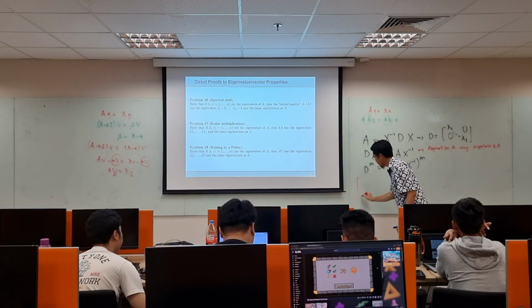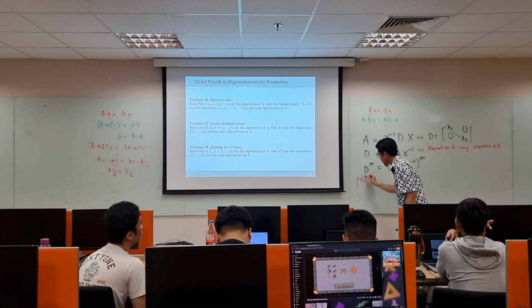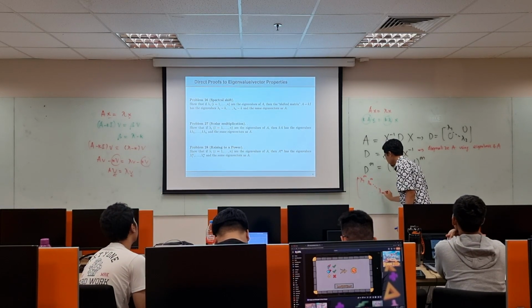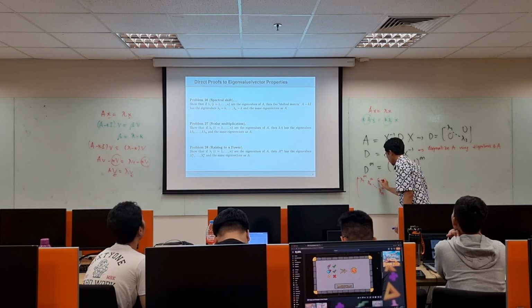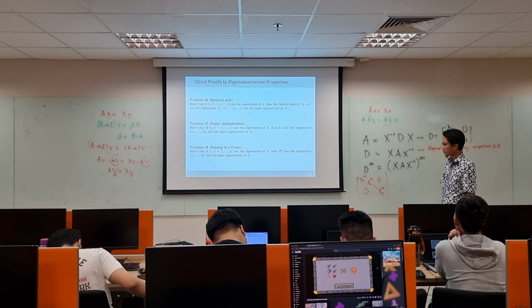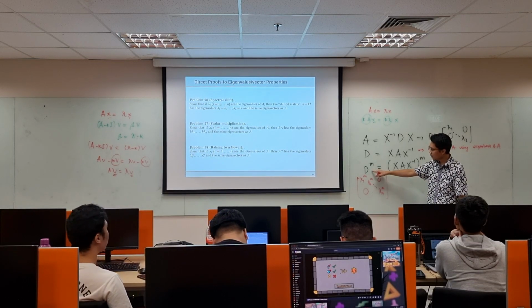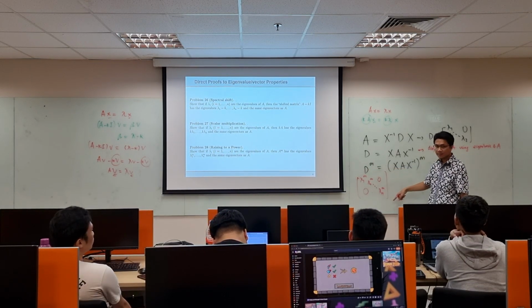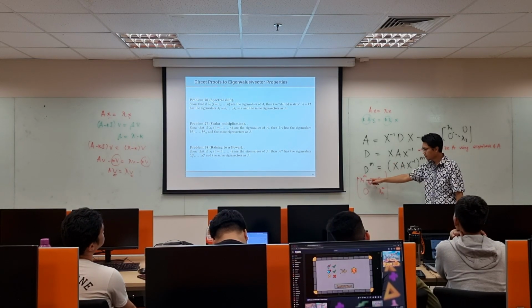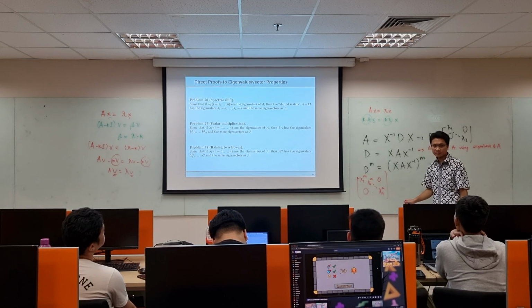And then what I get here is lambda 1 to the power of M, lambda 2 to the power of M. If I take the power of the diagonal matrix, then it is still a diagonal matrix and the entries are just the power of the eigenvalues.